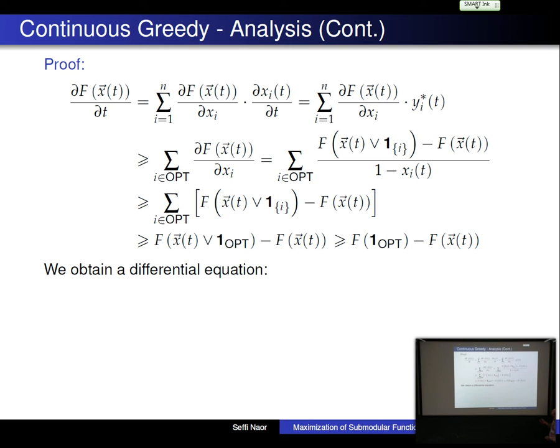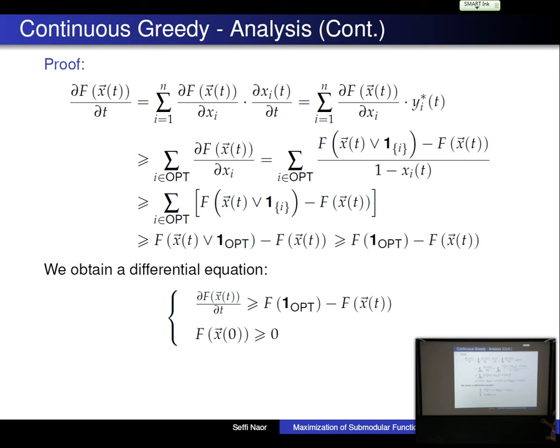So this is just putting in the definition. So y star is the direction that we picked at time t. And we know that its value is at least as good as the optimal solution, which is also a feasible point.